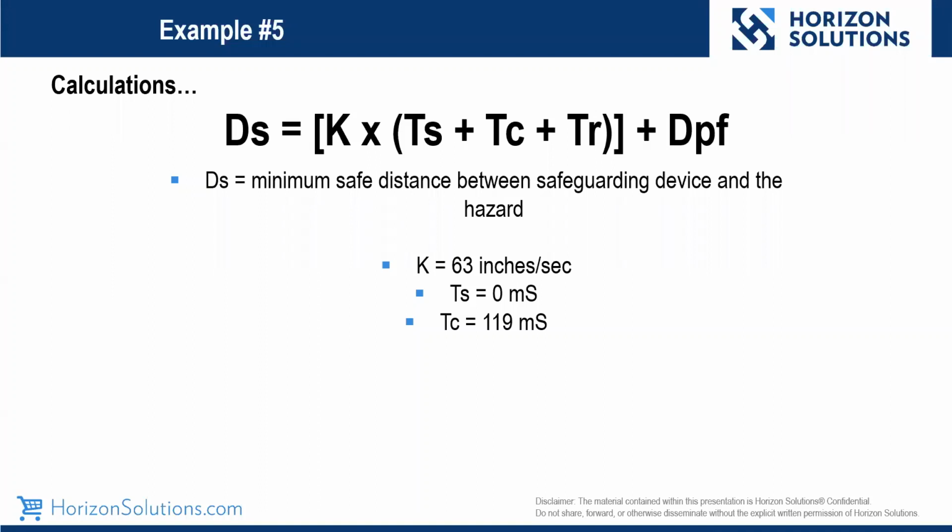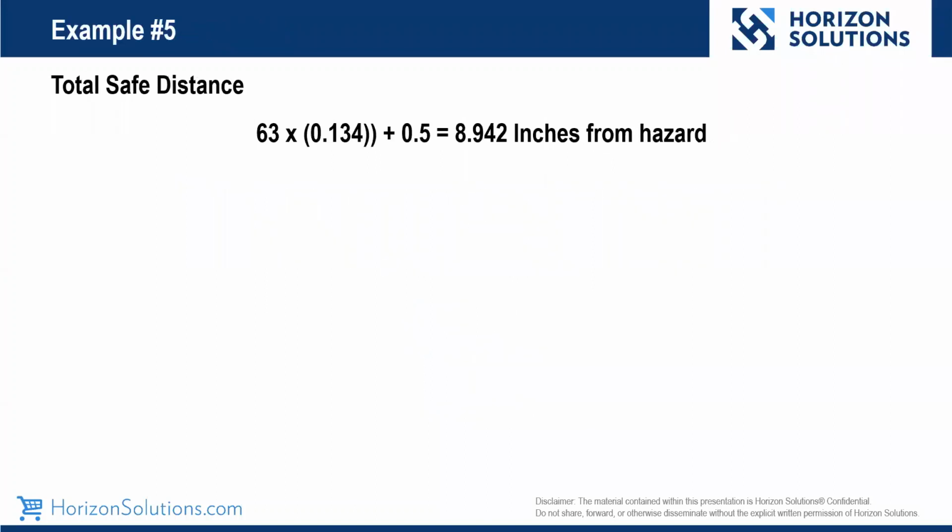This means we only have 119 millisecond reaction, plus the 15 milliseconds of our light curtain with a 1/2 inch depth of penetration factor, as we talked about before, because this is a 14 millimeter light curtain. And we are actually 8.9 inches from the hazard, the shortest distance yet.